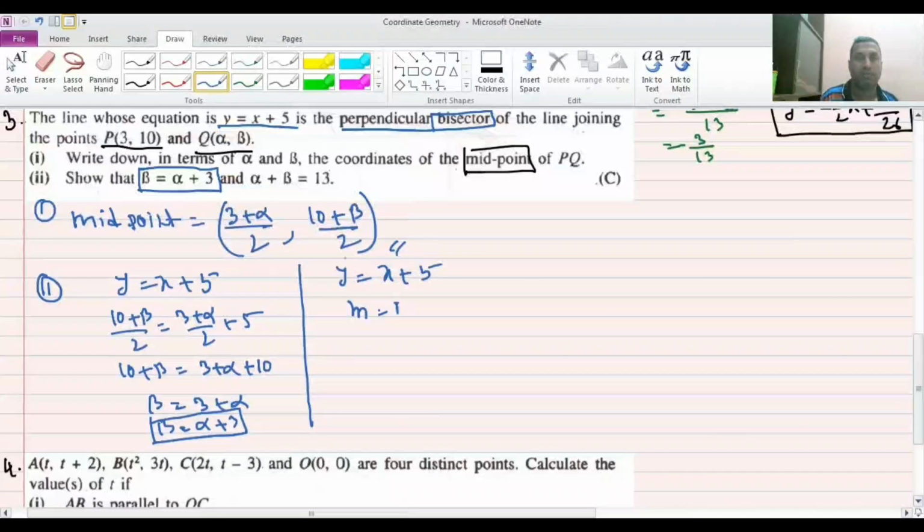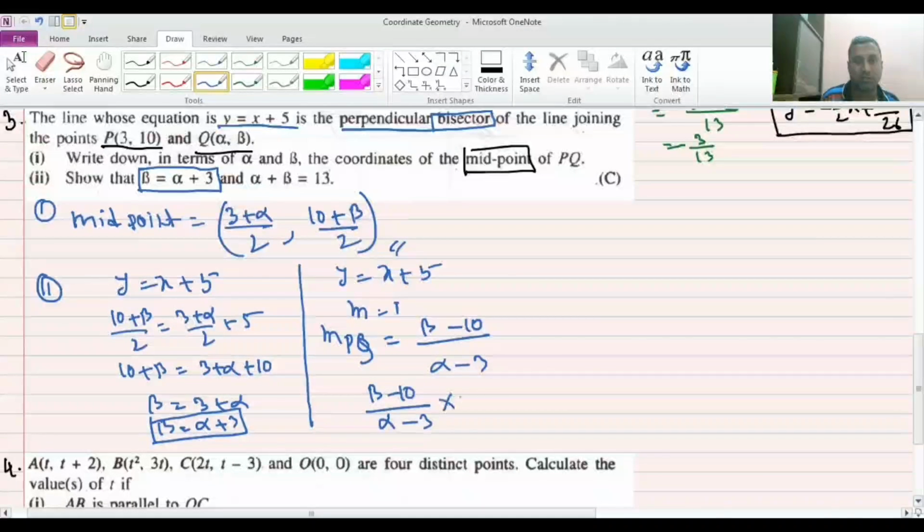Now let me find out the gradient of P and Q. The gradient of PQ is (β − 10)/(α − 3). Since these two are perpendicular, (β − 10)/(α − 3) times 1 equals −1.